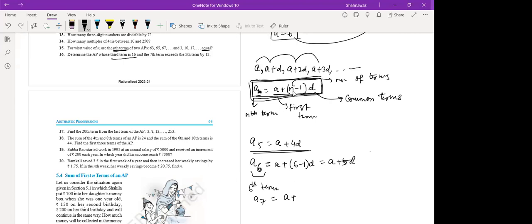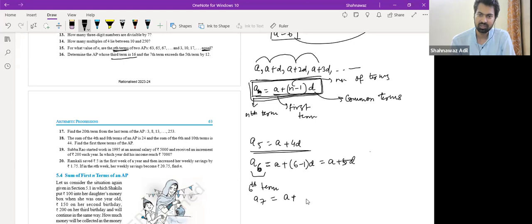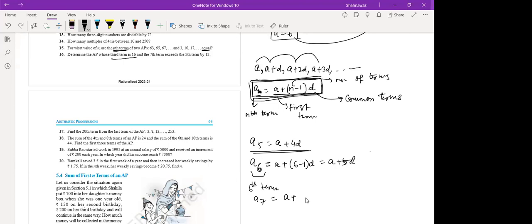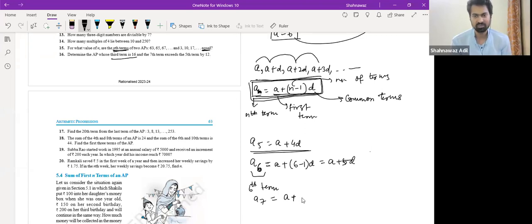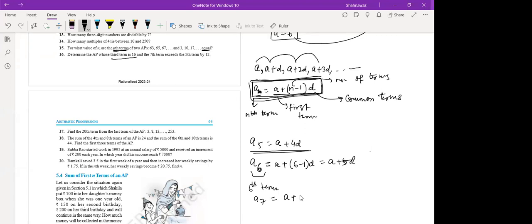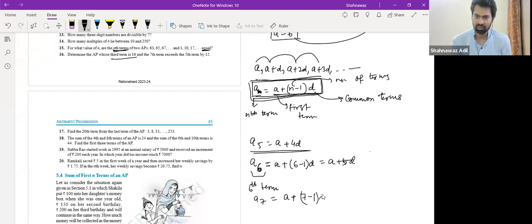In place of n, we have to use 7. So how much would that be? 7 minus 1 into d. Yes, correct. Absolutely correct. So this would be simply a plus 6d.